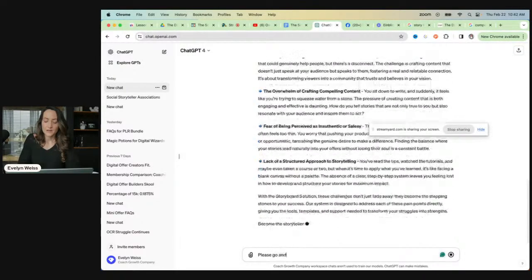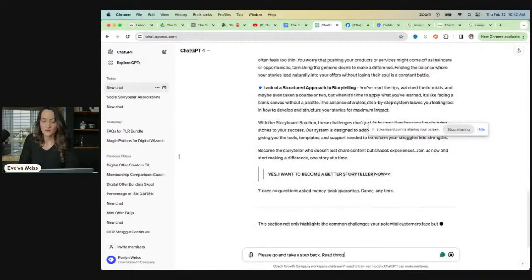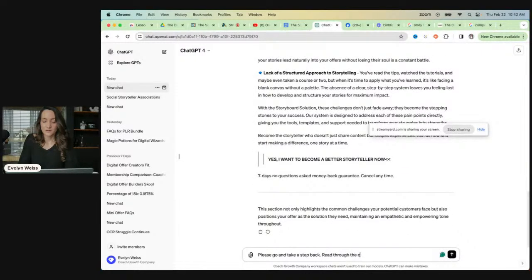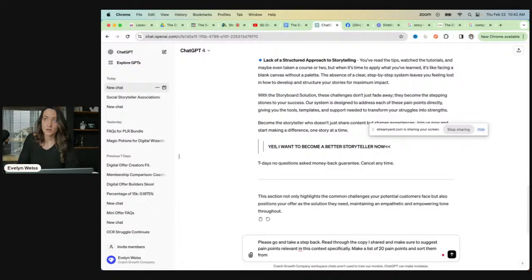Please go and take a step back. Read through the copy I shared and make sure to suggest pain points relevant in this context specifically. Make a list of 20 pain points and sort them from most pressing and annoying to least.